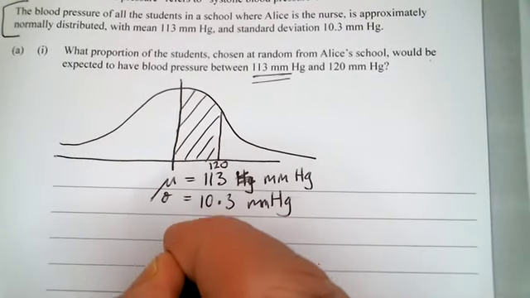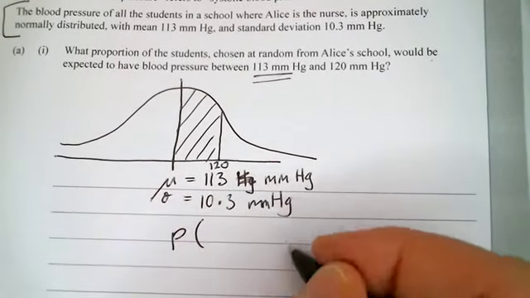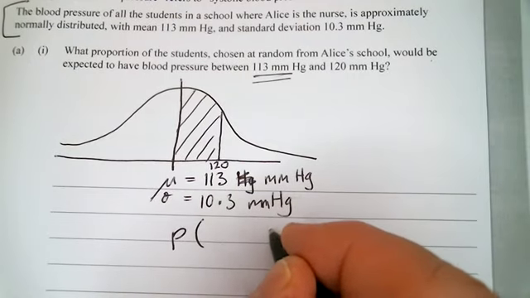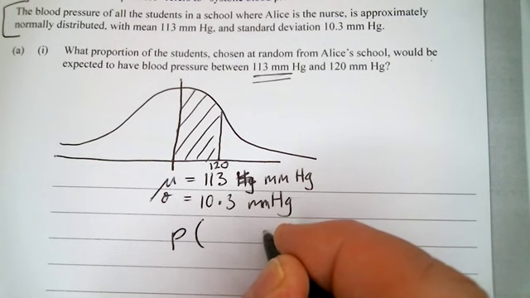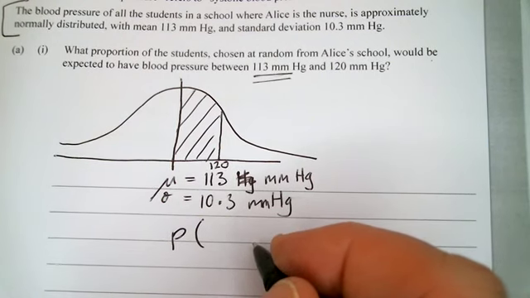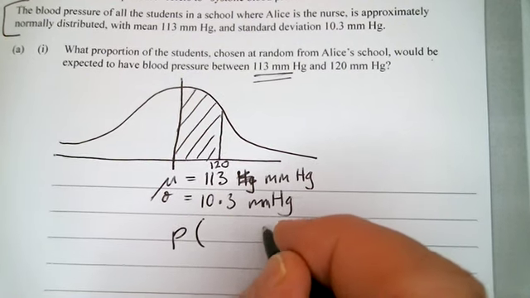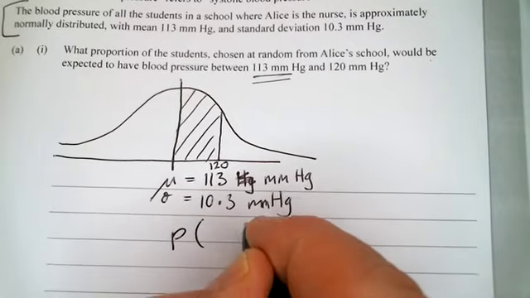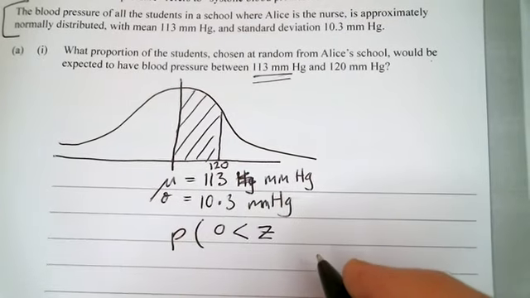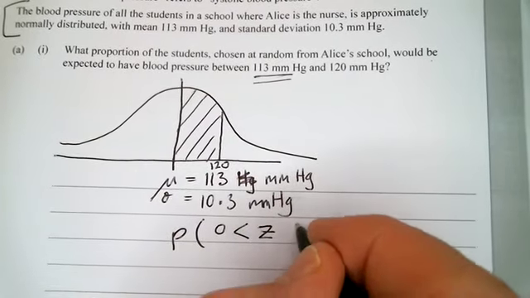So you want to write the probability that Z is going to be between, and I wonder if we should say the Z value. Right, okay, we'll put the Z value in. So Z is going to be greater than the mean, which is a 0 value of Z. In other words, nothing for distance from the mean.